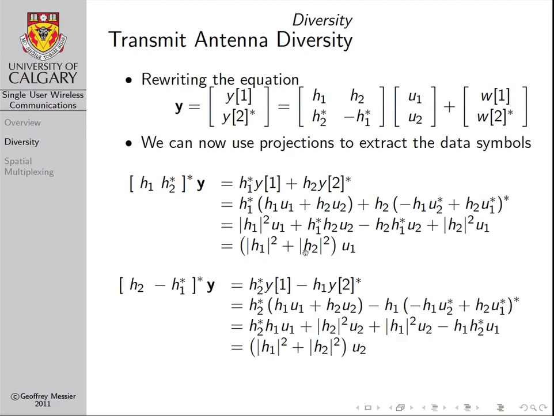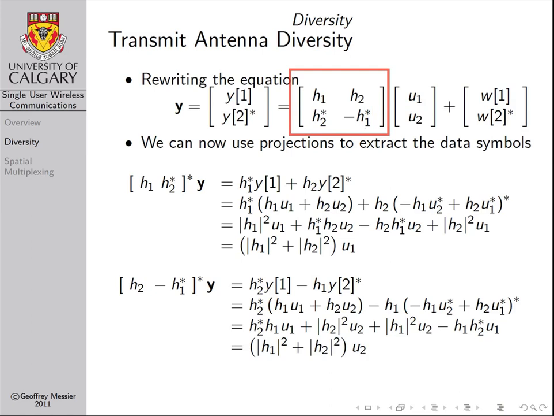And so this first projection gives us the maximal ratio combining result for U1, and if we then project the received signal vector Y onto the second column of the channel matrix, we get the maximal ratio combining result for U2. Again, with the noise terms removed, just to simplify these equations a little bit. The reason we're able to extract these information symbols is that the columns of this channel matrix, in this special form, are orthogonal.